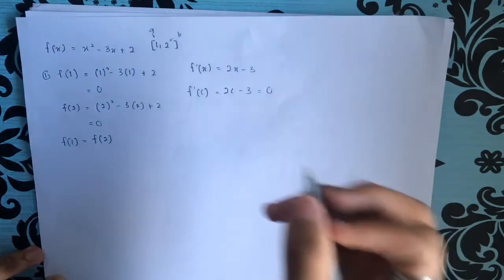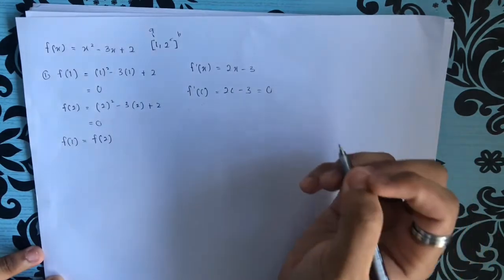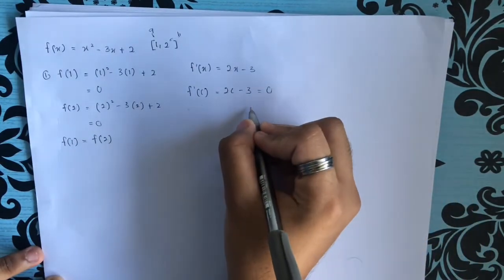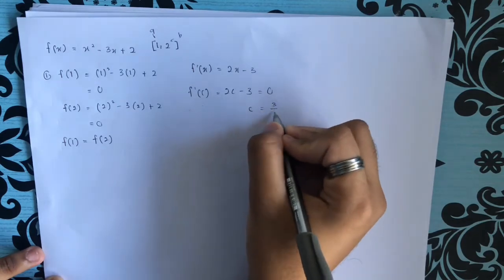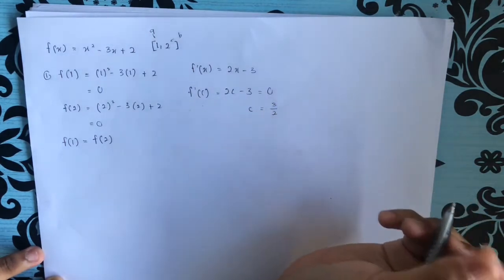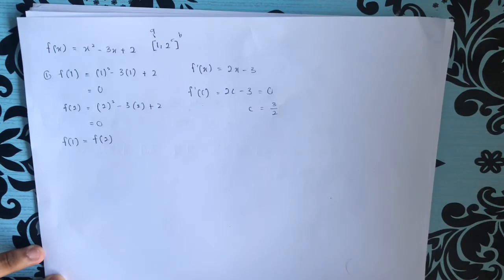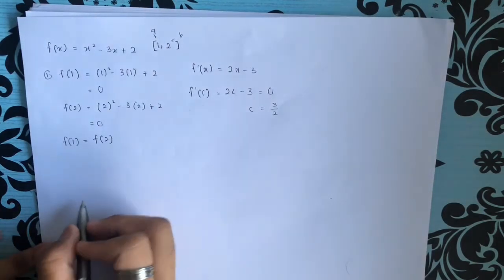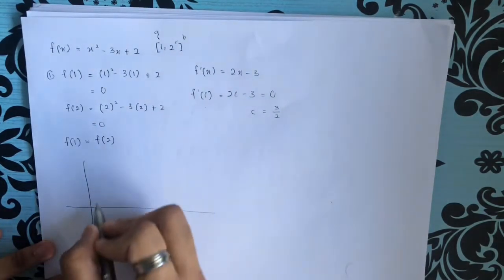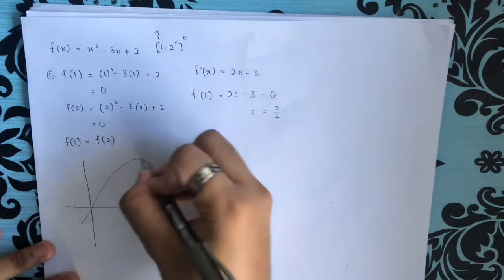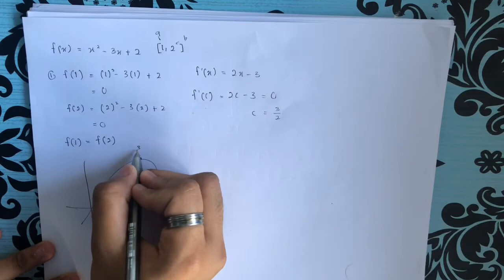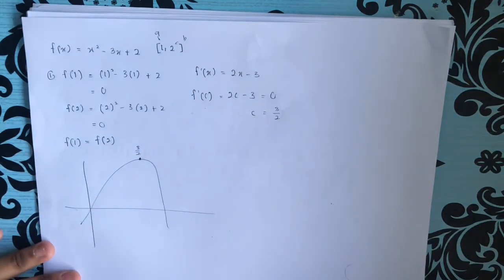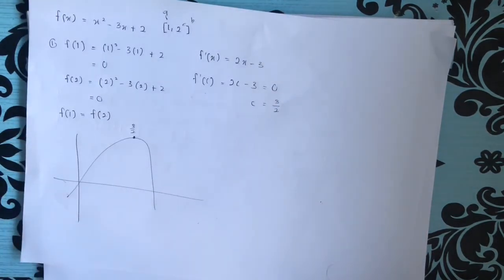So to find c, using the simple algebraic method, we get c equals 3/2. Right, so maybe if we draw a graph with the curve, maybe this is c, this is 3/2. Right, so that's all for Rolle's theorem.